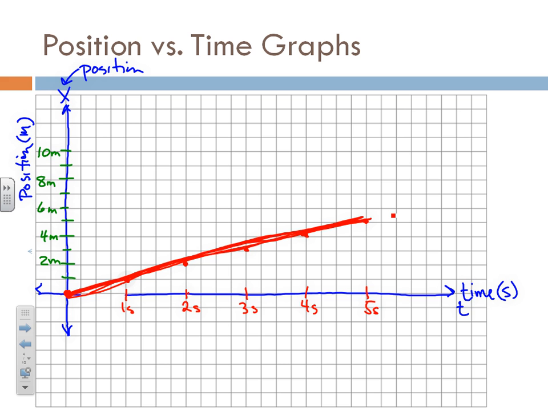Some of the important things about lines are things like slope. So what does the slope really mean on this graph? Remember, slope is rise over run. My rises here are changes in position. Those are my y components, are positions. So as I rise, I'm changing my position.